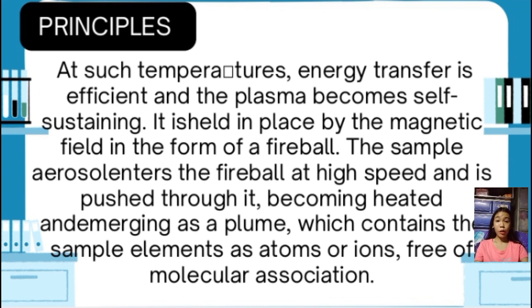The process involving the sample aerosols and the resulting analysis techniques demonstrates the sophisticated interplay between plasma physics and analytical chemistry. As the aerosol sample enters the high-temperature fireball created by the plasma, it experiences rapid heating, causing the components to break down into atoms or ions, free from molecular associations.